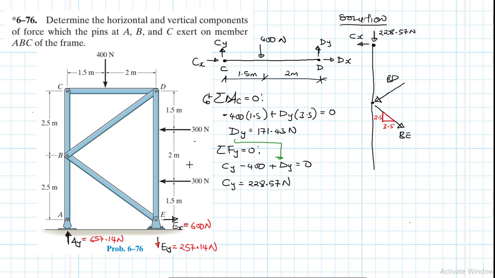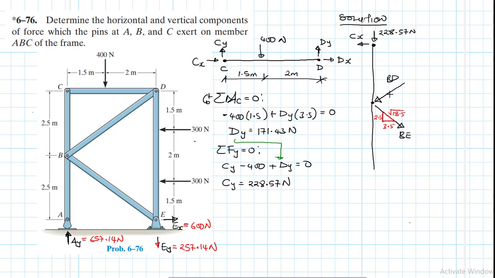Okay, and then let me calculate the hypotenuse. So I have root of 2.5 squared plus 3.5 squared, 18.5.